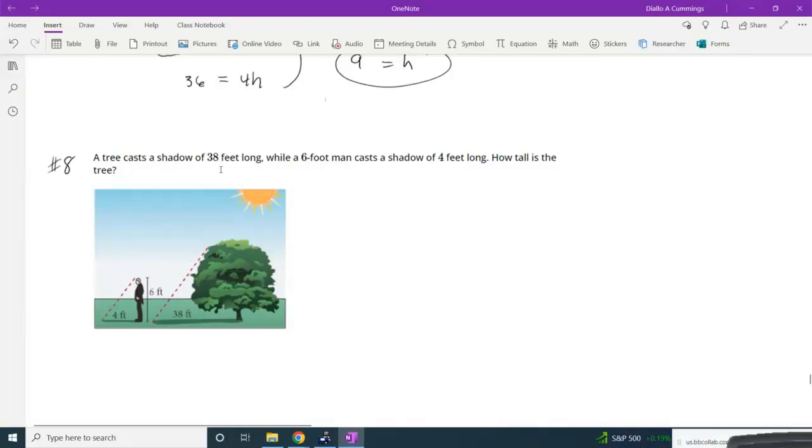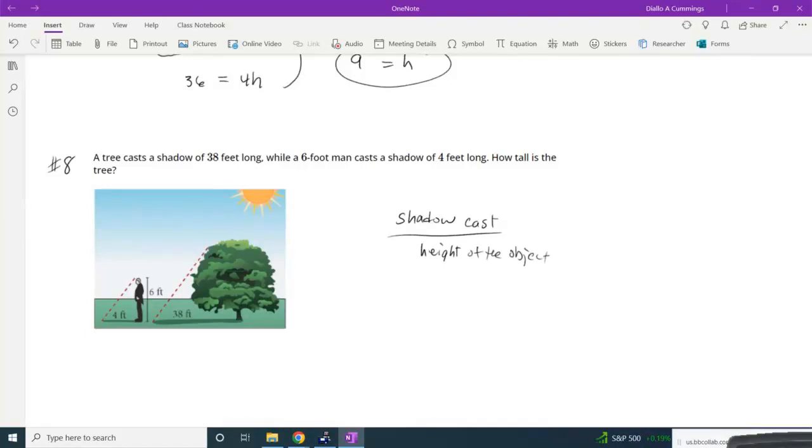So I'm going to actually write out some units for this one. So I want to take the shadow cast, and I want to divide that by the height of the object.